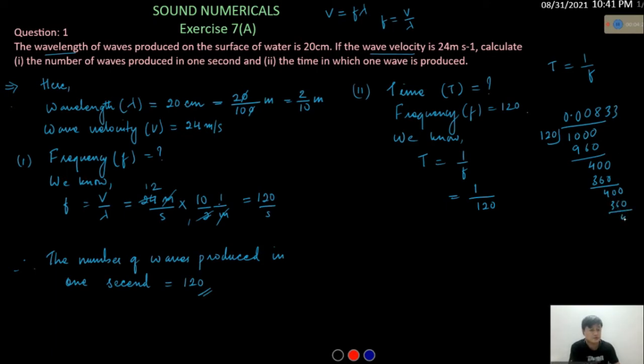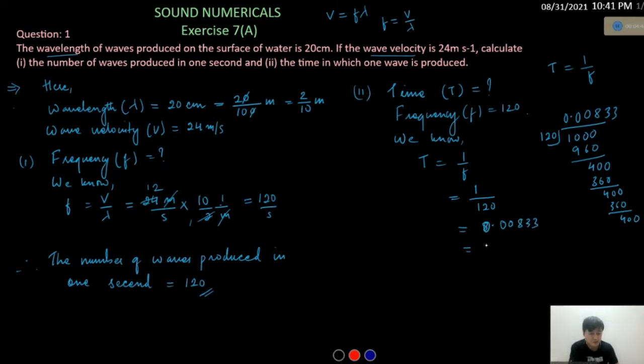Okay, it will keep on going like this, so we can leave it up to here. This will be 0.00833, which can be written in the order of magnitude form. It will be 8.3, then we see the decimal 1 2 3, so 3 will make the power of 10 -3, this is the time in seconds.